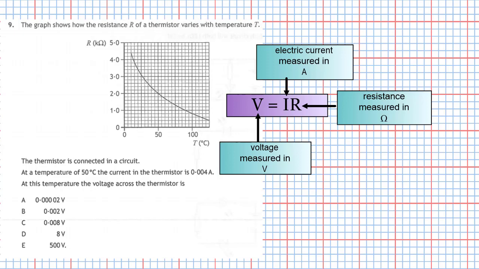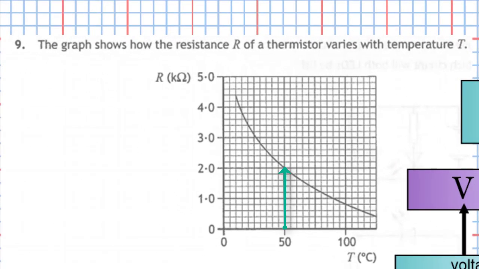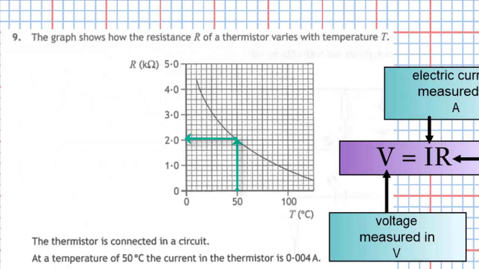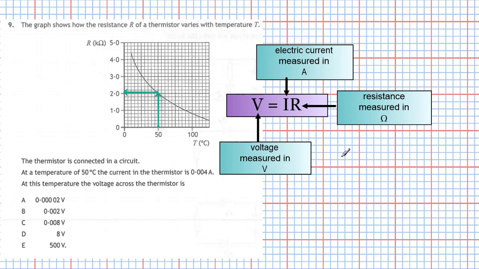So our first job is to work out what the resistance of the thermistor is at 50 degrees Celsius. If you look closely at the graph, 50 degrees Celsius goes up and meets the graph and then goes across, and it registers 2 kilo ohms. So right away I can work out the following. I'm going to use V equals IR. V is what I'm after.